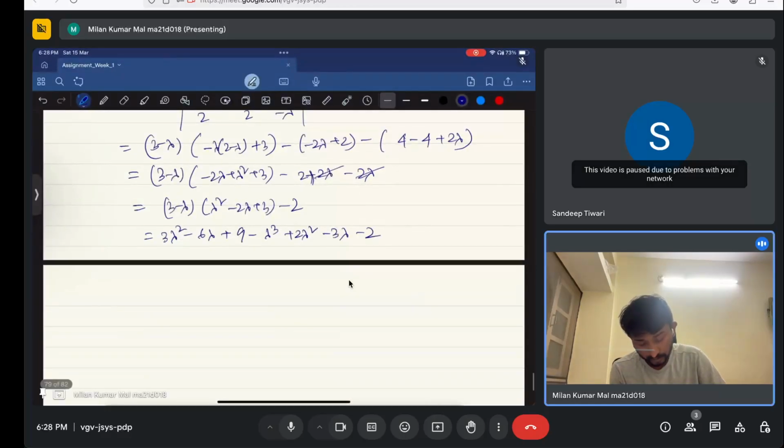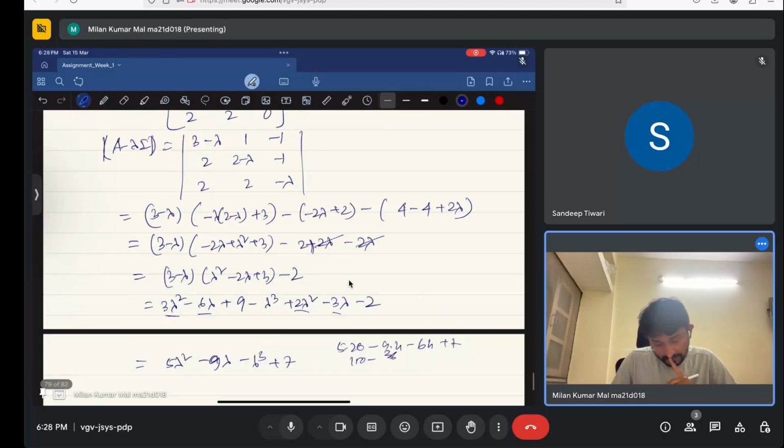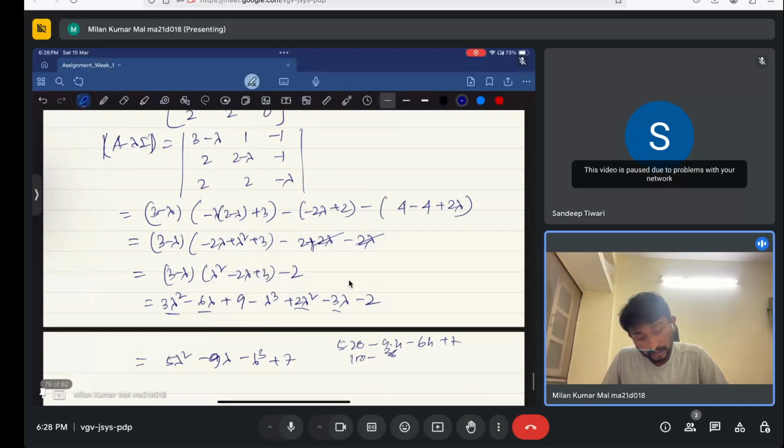So this is 5 lambda square minus 9 lambda minus lambda cube plus 7. So is 4 satisfying or not? 5 into 16 minus 9 into 4 minus 64 plus 7. This is 100. I think I made a mistake then. Sorry, this is not correct.